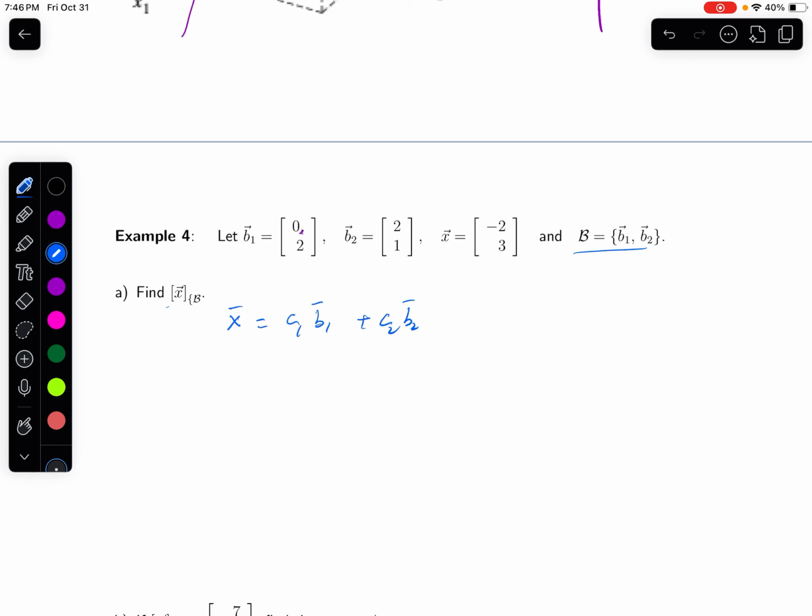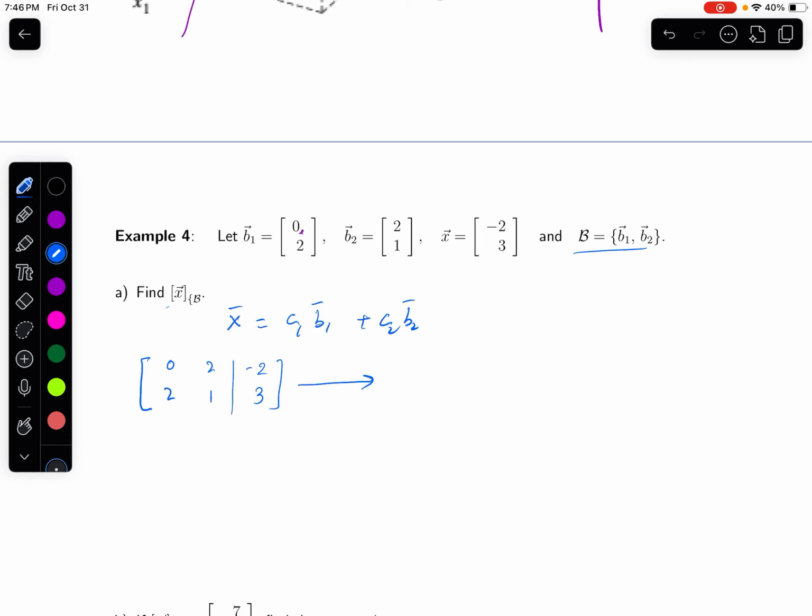So then we are solving the system of equations. What will I do?